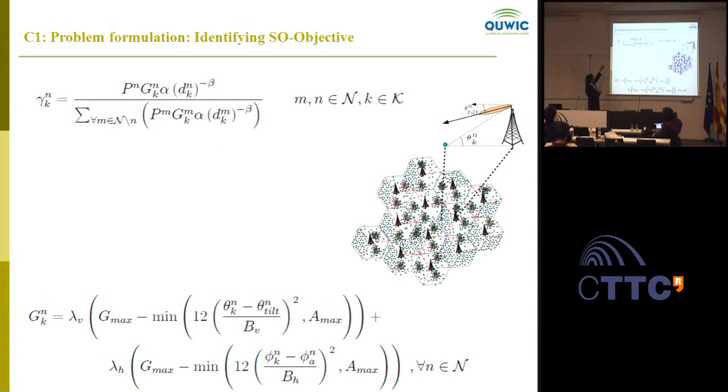And to do that, here is how a typical SNR at a given point for a given user will look like in the network. It's a function of antenna gain, transmission power, and path loss, where antenna gain itself is a function here. Ms. Nisa yesterday introduced this, but in three-dimensional space it will look like this.